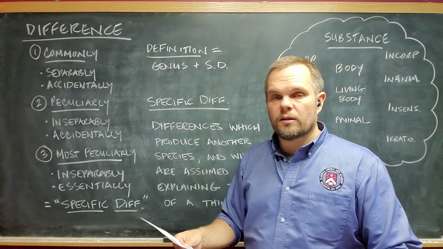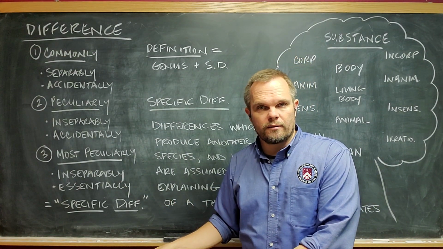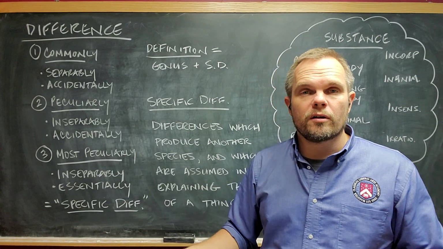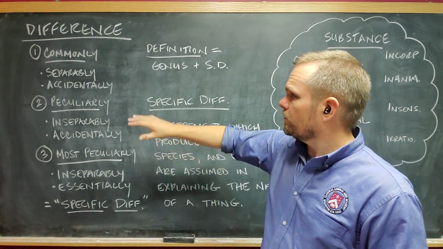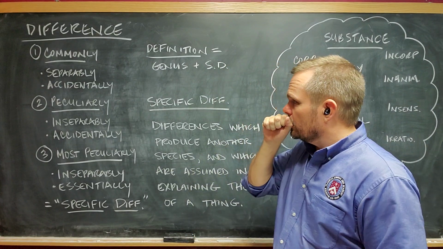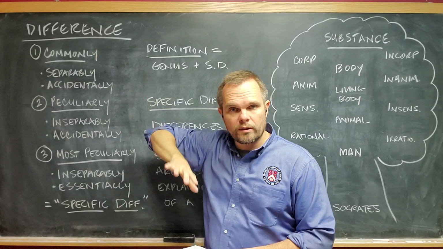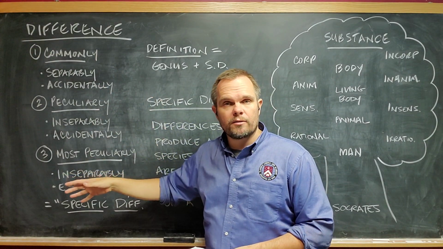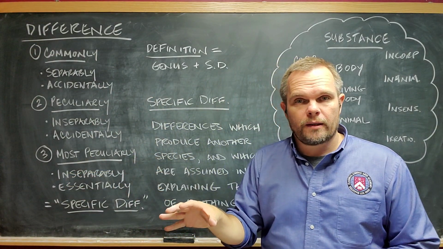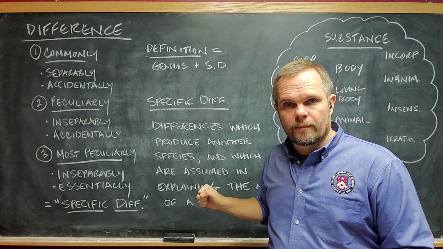For example, Socrates is sleeping. Socrates is not sleeping. This is to differ commonly. That's the first way that the term difference is used. It's separable, meaning that it can be true at one time and not true at another time for the same thing. This quality can be taken away from a thing.